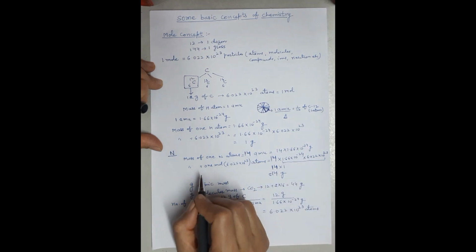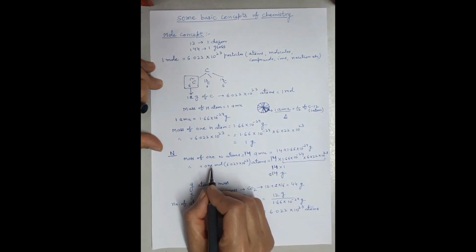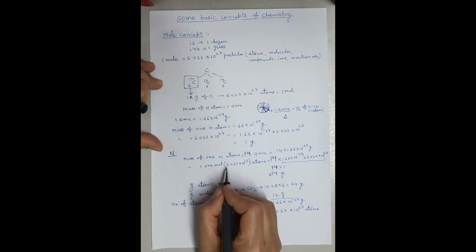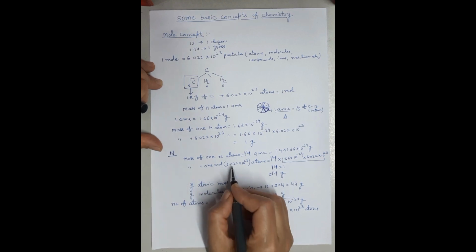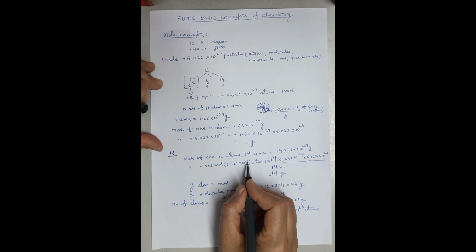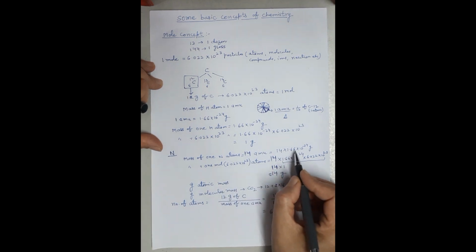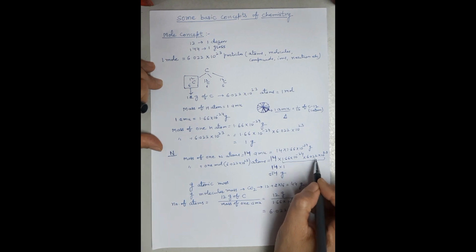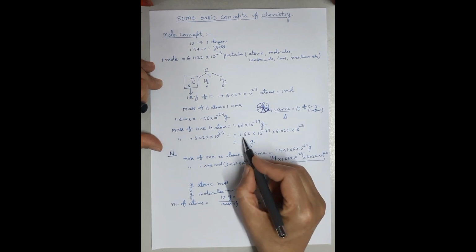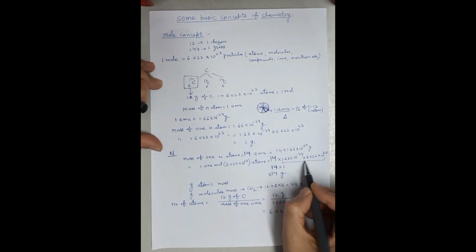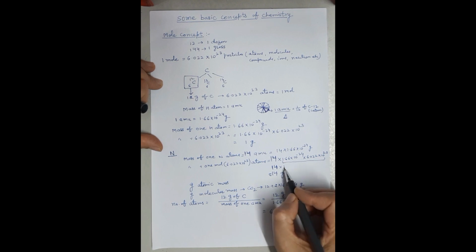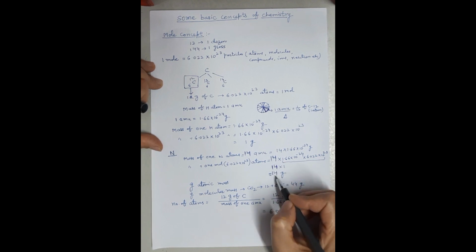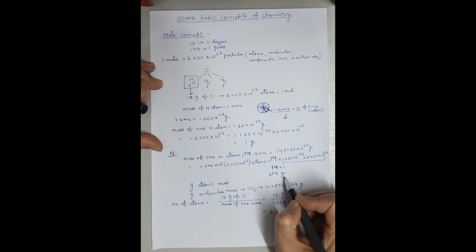So if you want to find out the mass of 1 mole of nitrogen atoms, how many are there in 1 mole? 6.022 × 10^23. So you'll say 14 times this. We have already done the multiplication of these two, which is equal to 1 gram. And if you multiply it by 14, it comes out to be 14 gram.